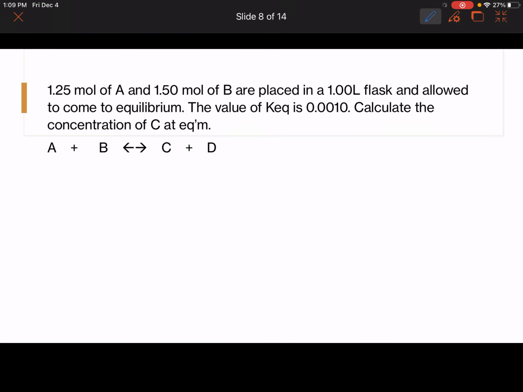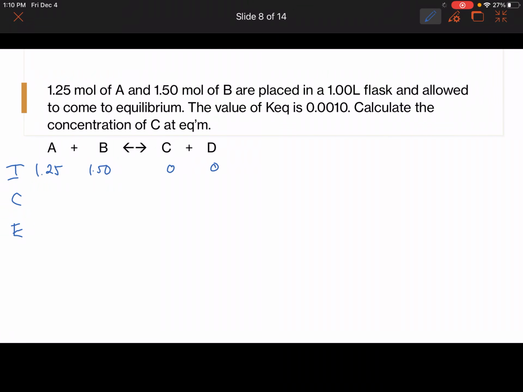Okay, so another example here. We've got 1.25 moles of A, 1.50 moles of B, and then we've got a KQ expression here. So calculate the concentration of C at equilibrium. So looking at this, we're going to draw our ice table. A is 1.25, B is 1.50.